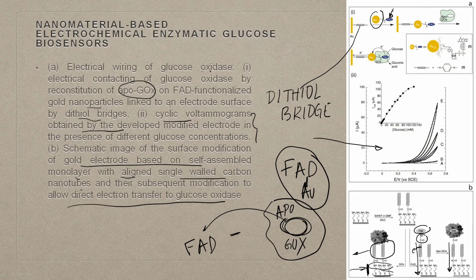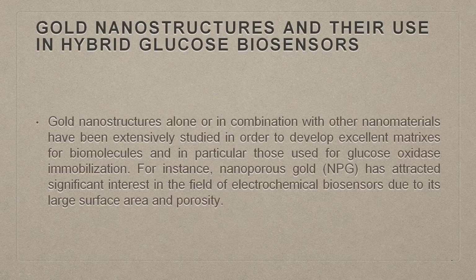These are some of the most potential advancements which have happened. Next, what you see is the gold nanostructure and their use in hybrid glucose biosensors. Gold nanostructure alone or in combination with other nanomaterials have been extensively studied in order to develop excellent matrices for biomolecules and in particular those used for glucose oxidase immobilization.